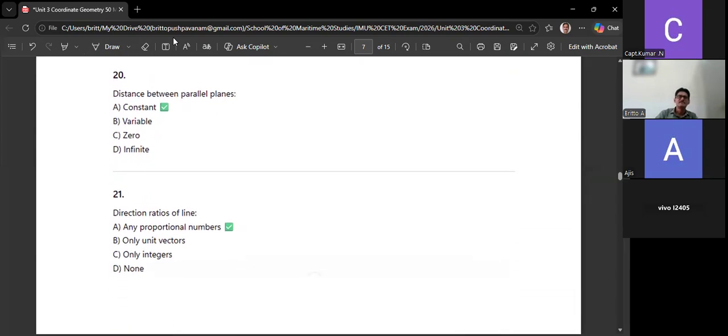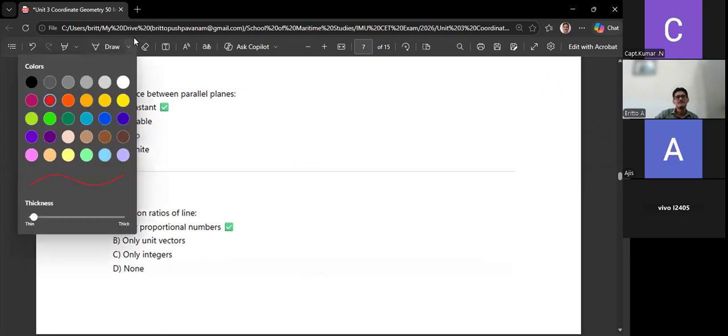Now, question number 20. Distance between two parallel lines. We know the distance between two parallel lines is always equal, right? But the options given are: one is constant, another is variable, another is 0, and another is infinite. It is always constant, right? Constant means it is a number.